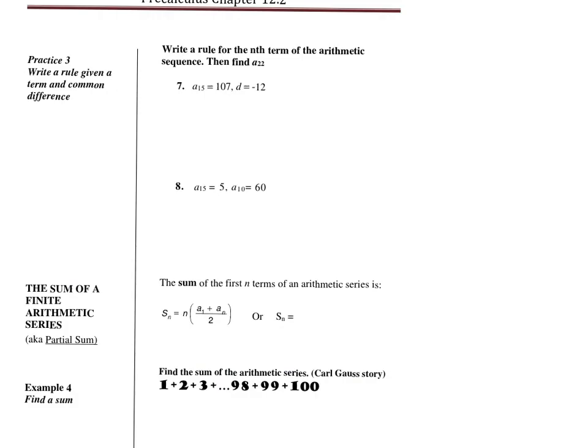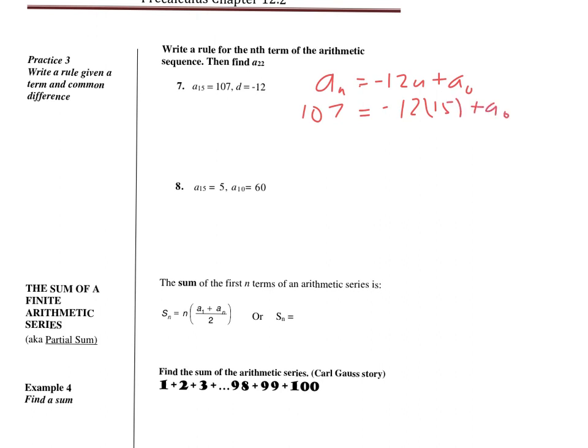Okay, so same idea here for practice 3. So a sub n equals negative 12n plus some a sub 0 that I don't know. We'll go ahead and plug in the 107 here up front. And then I've got to plug in 15 for n.